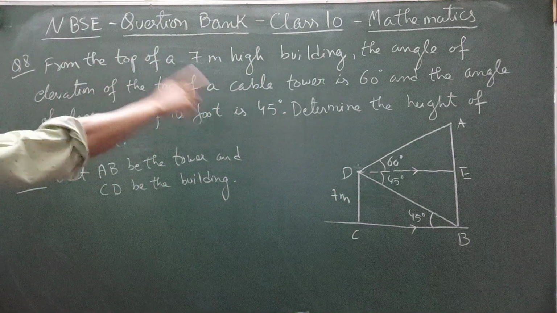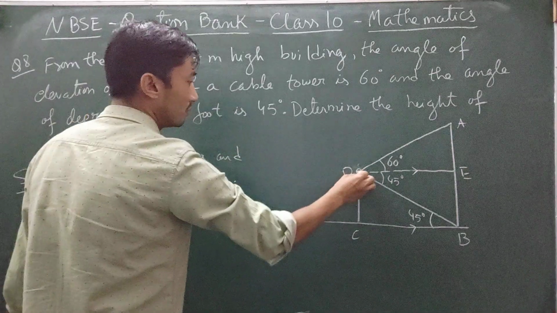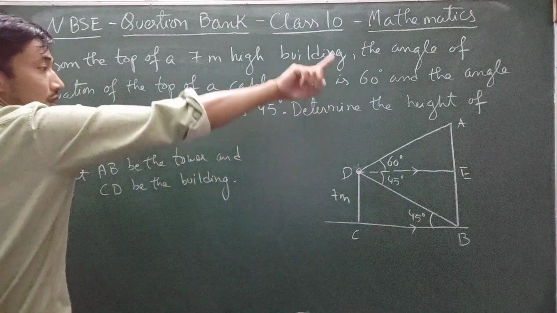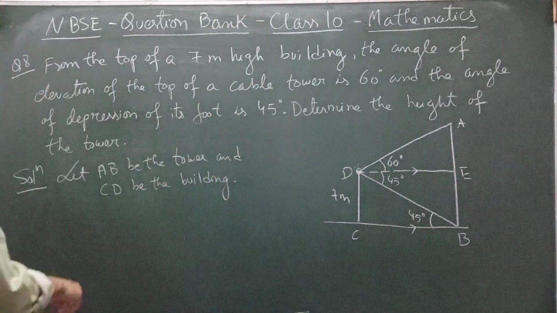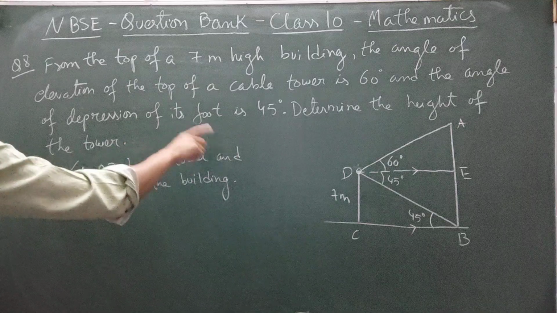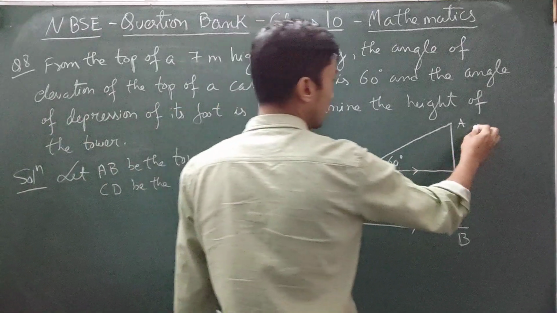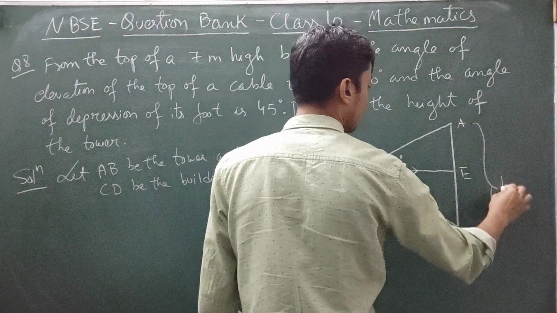Once again, from the top of a 7-meter high building, the angle of elevation of the top of a cable tower is 60 degrees, and the angle of depression of its foot is 45 degrees. Find the height of the tower. So we are supposed to find the height of the tower.